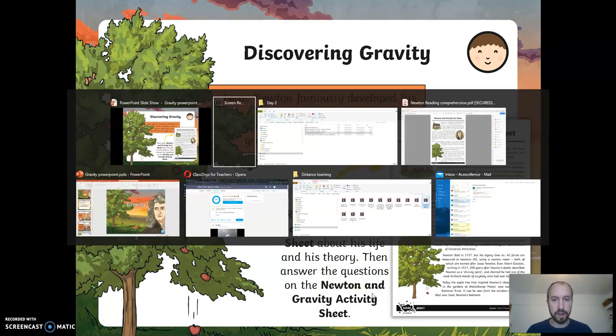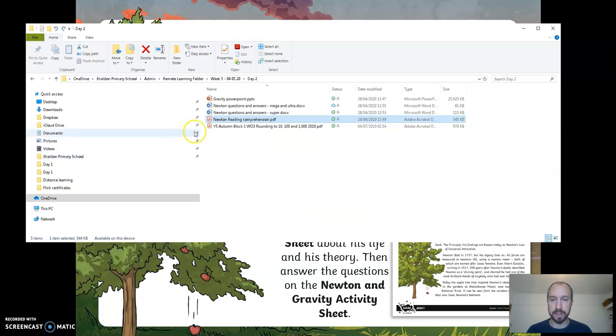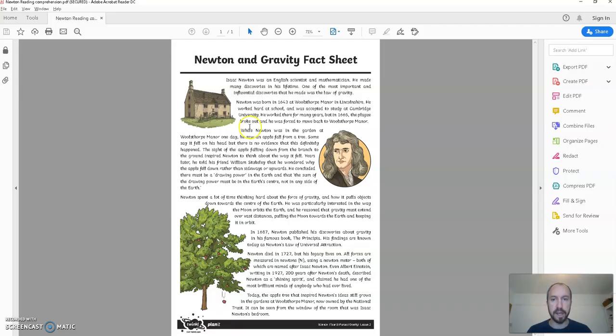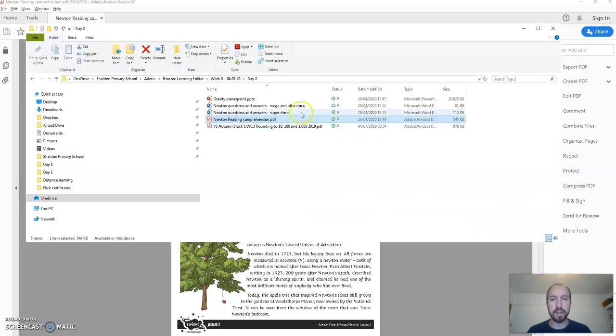So if you go to that folder, this is how it looks on my computer. You've got the comprehension there, and then you've got two types of questions. Actually, I'll show you the comprehension first. It's just one page. It talks about his life and his theory about gravity. Then you can pick which one you want.